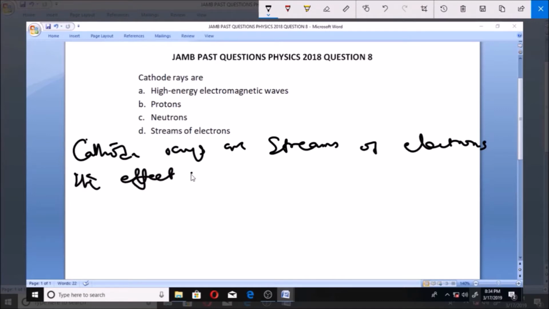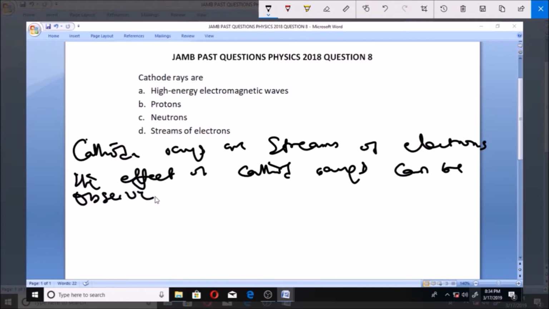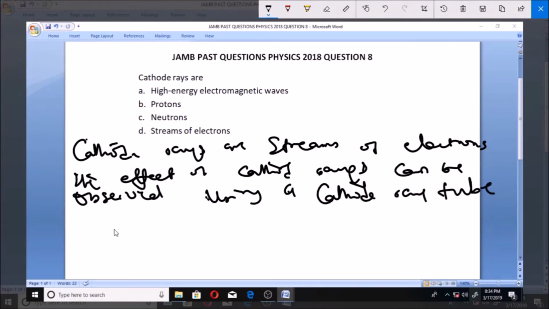The effect of cathode rays can be observed using what we call a cathode ray tube.